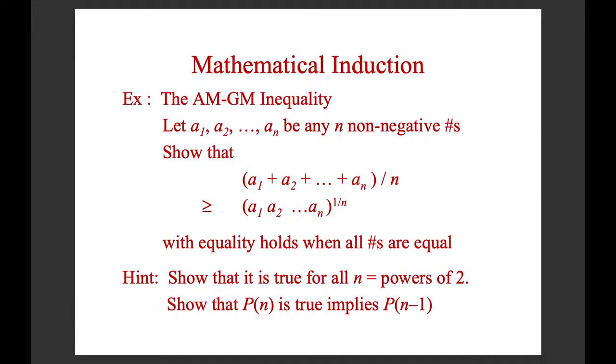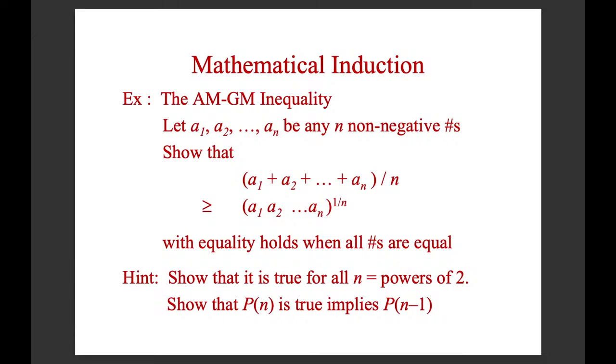Another example is the famous AM-GM inequality. AM stands for arithmetic mean. We have a bunch of non-negative numbers, which could be any real numbers, so we can have n real numbers.